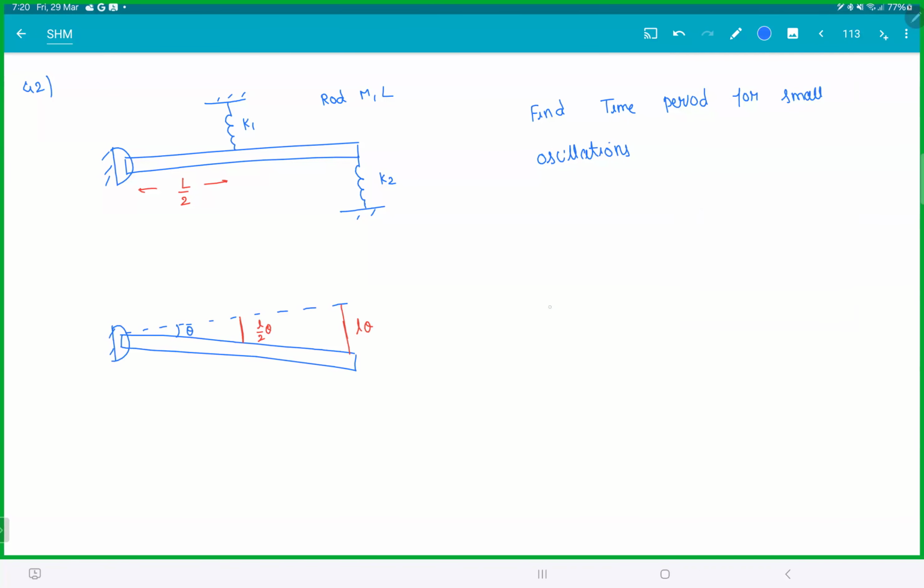So if you try to draw the restoring forces, this will be K1 L by 2 theta. Remember, we are writing only the change in torques. mg we are not including because the torque of mg does not change much. Initially also the torque of mg is there, now also. The torque of mg we don't consider because it is not changing. This would be K2 into L theta.